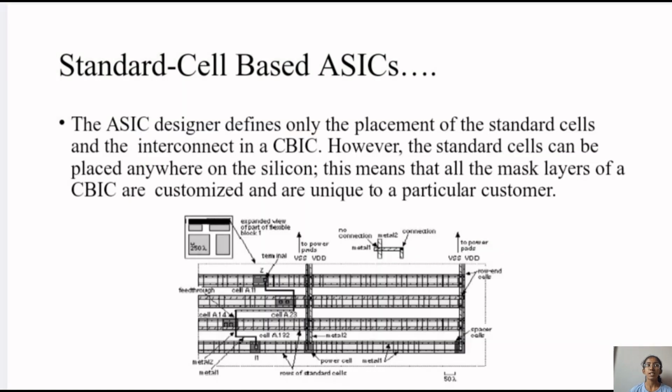In this ASIC, the designer defines only the placement of the standard cells and the interconnect in a CBIC. However, a standard cell can be placed anywhere on the silicon. This means that all the mask layers of the CBIC are customized and unique to a particular customer, as you are seeing on the display.